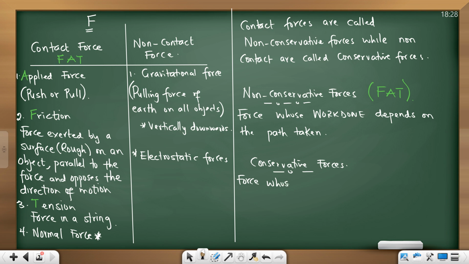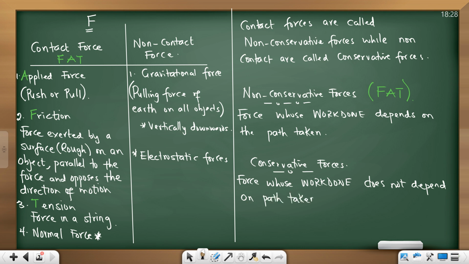Force whose work done. I'm telling you why I'm writing this work done in capital. Learners forget that. A learner would write force whose depends on the path taken. And that's wrong. Force whose work done does not depend on the path taken.